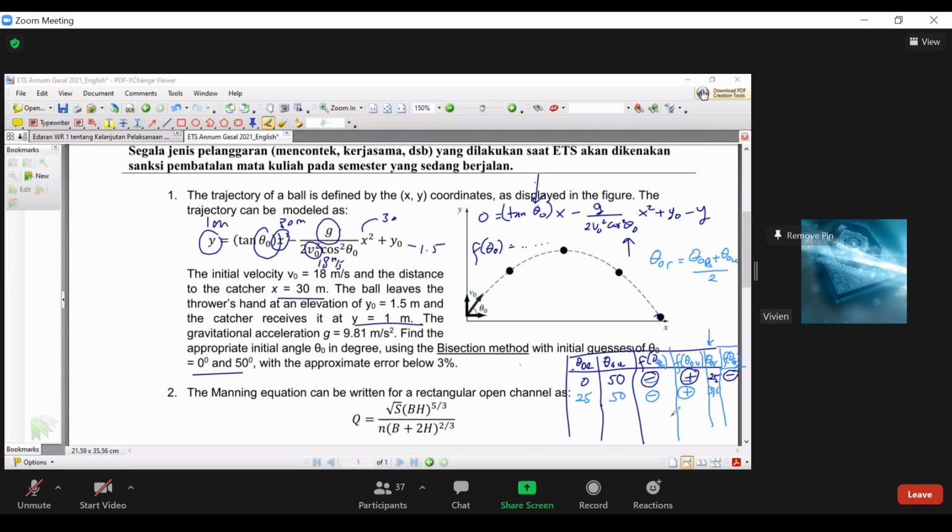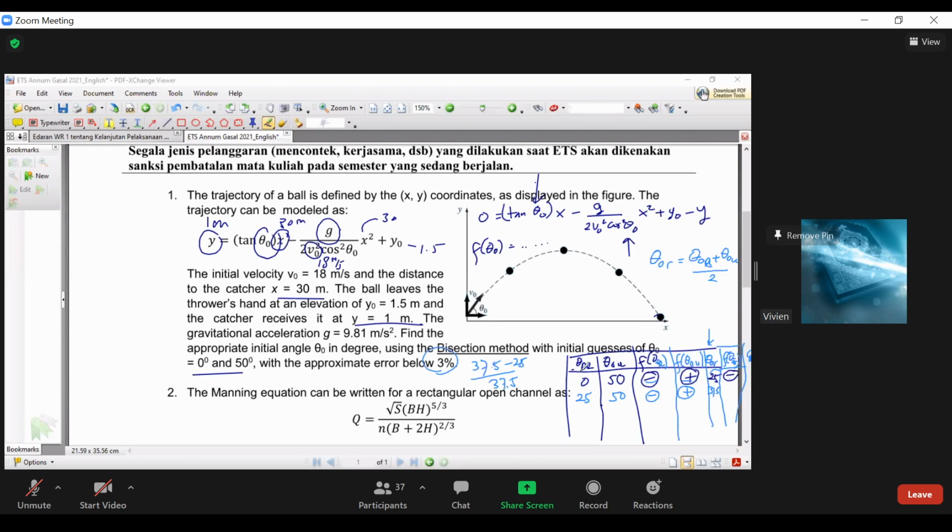So we do the calculation, and don't forget to calculate the error. Here we have to calculate the approximate error, which will be 37.5 minus 25 over 37.5. If this is still greater than 3%, it means that we need to repeat the calculation and so on.